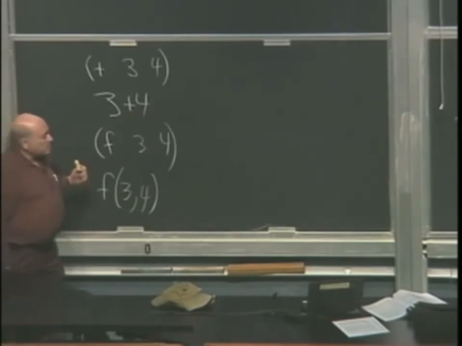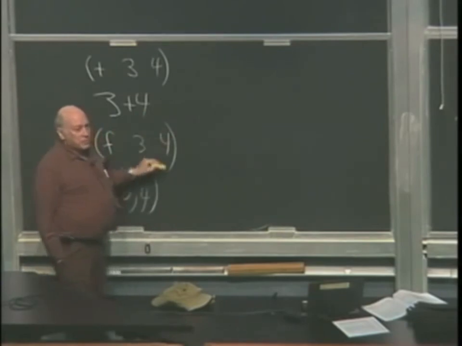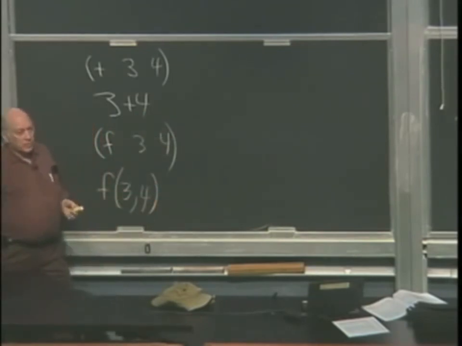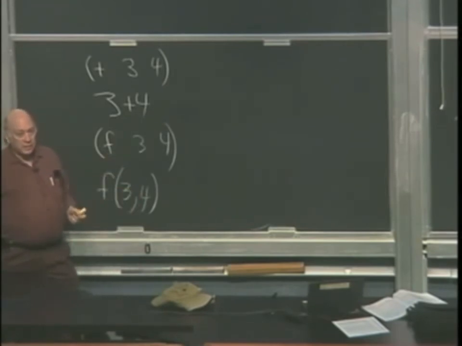Okay? Does apply know which of these things you typed? No. Apply knows that you want to call the function f, and you want its argument values to be 3 and 4. Okay, that's what we tell apply.